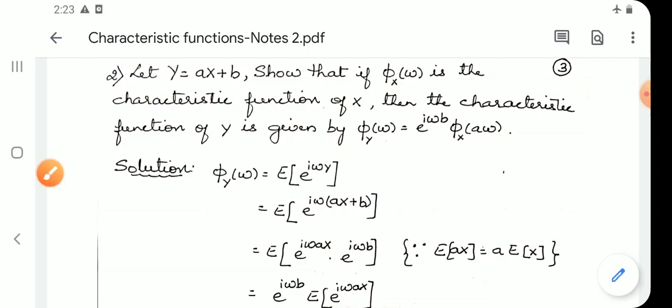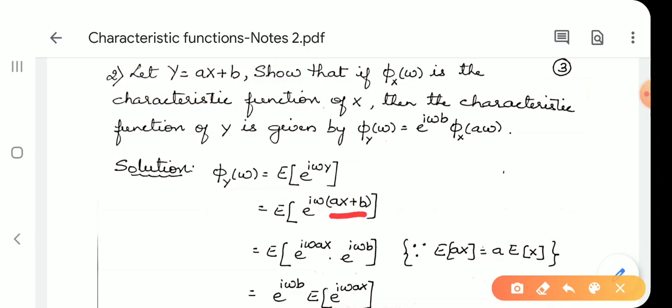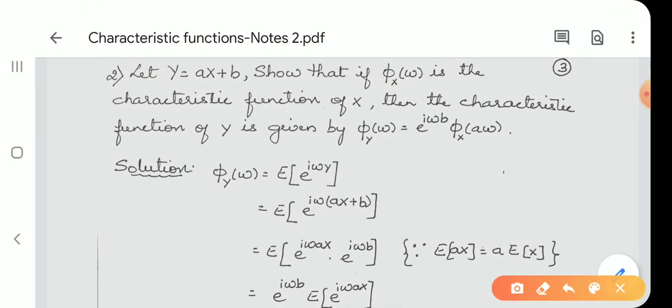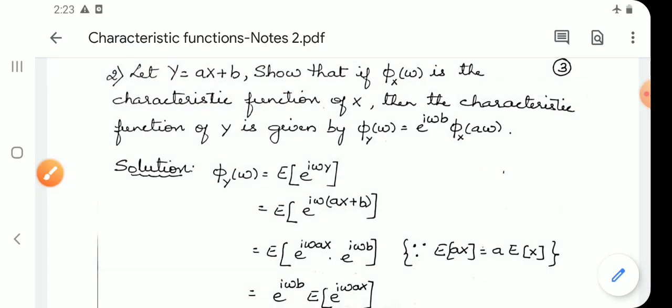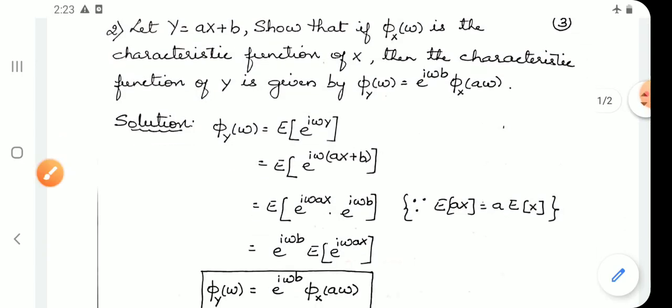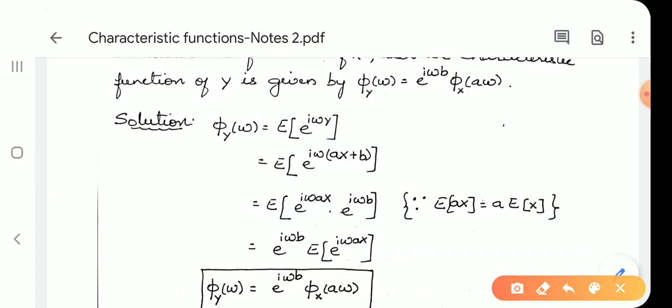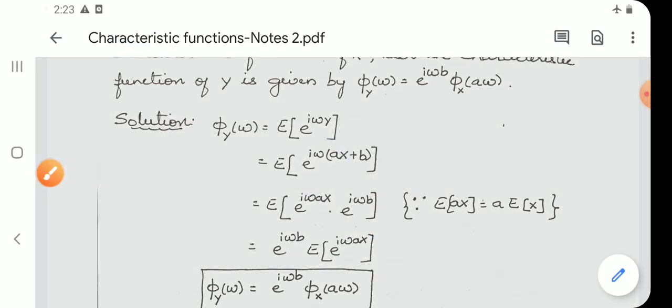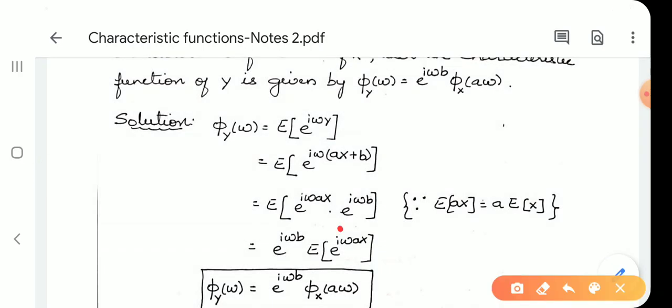So in the place of y, now we will put ax plus b. We can split this into two functions and rewrite it as expectation of e to the power I omega ax, and another function e to the power I omega b.